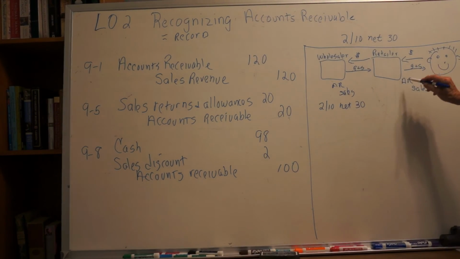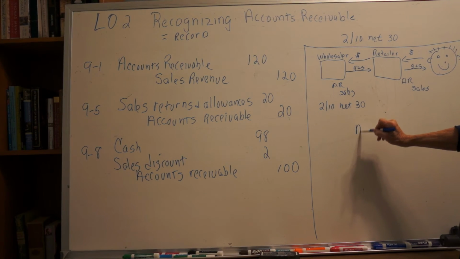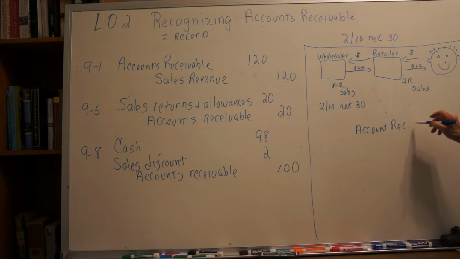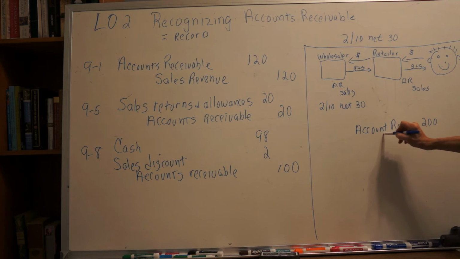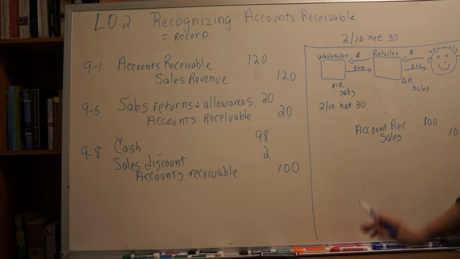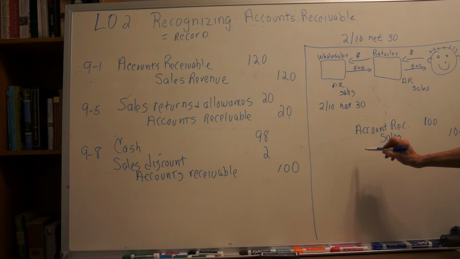is on this side of the building, you might have, say, an account receivable of a couple $100, and you would have the sales revenue. I'm going to just call that 100. That works better for me. And so then, if the person doesn't pay within the month, you're going to be adding on interest.